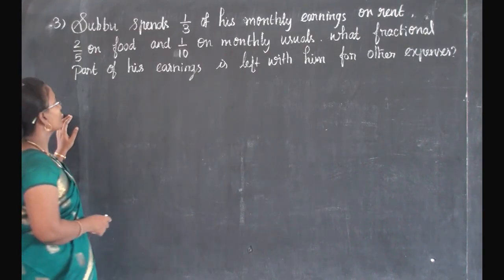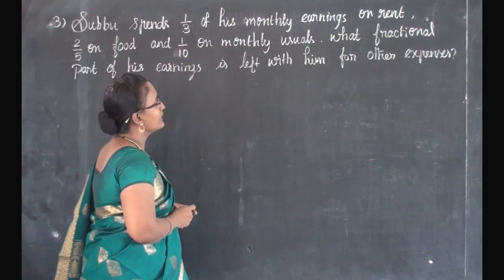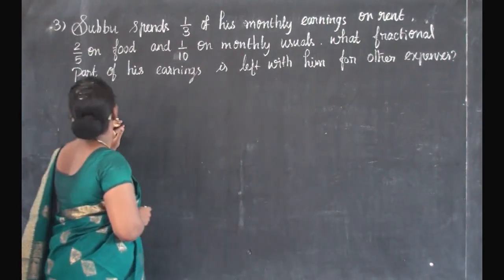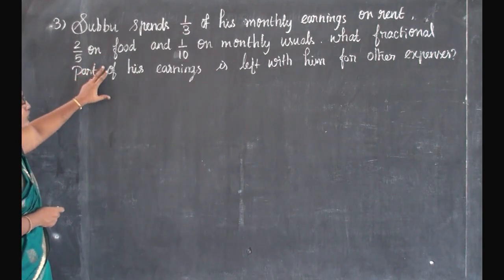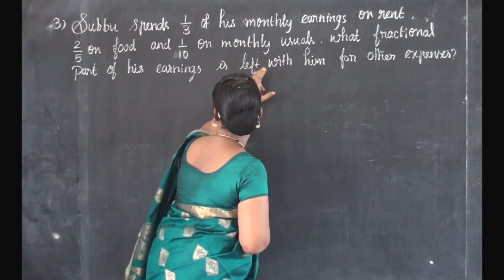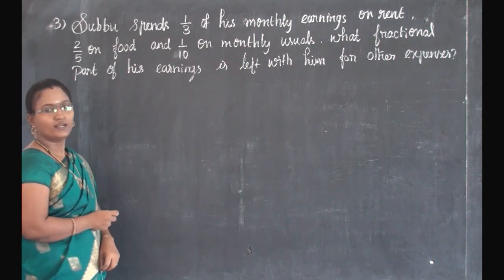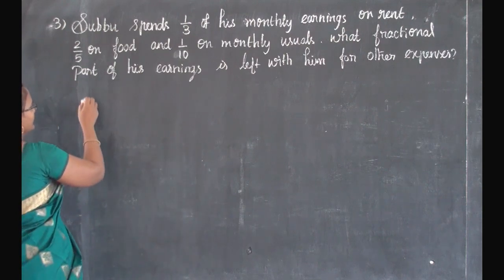Now the third sum. Subbu spends 1/3 of his monthly earnings on rent and 2/5 on food and 1/10 on monthly usuals. What fractional part of his earnings is left with him for other expenses?